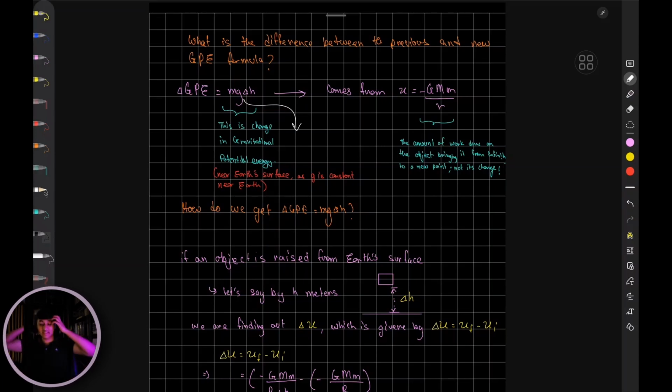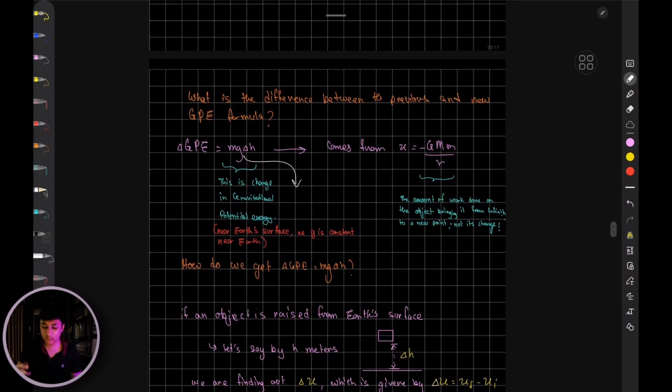In that case, this formula makes sense because gravity stays constant, so the change in height gives you the change in potential energy of the object. This formula is accurate in giving you the change in gravitational potential energy, which is its purpose.